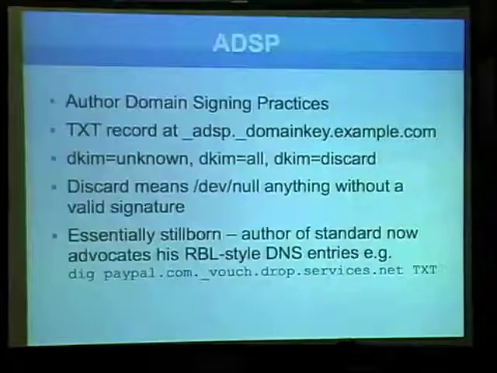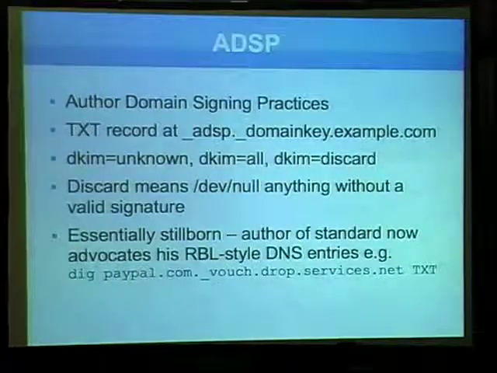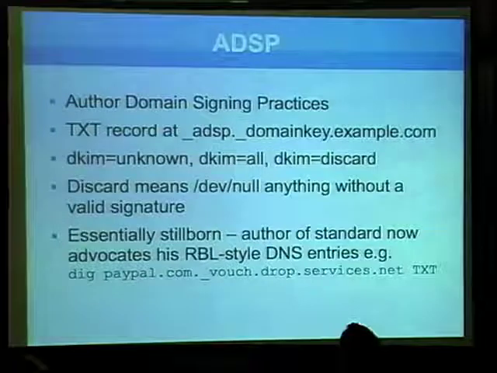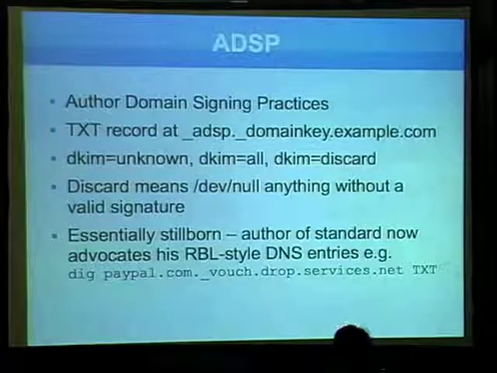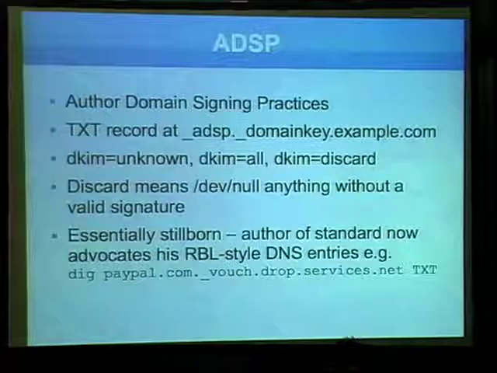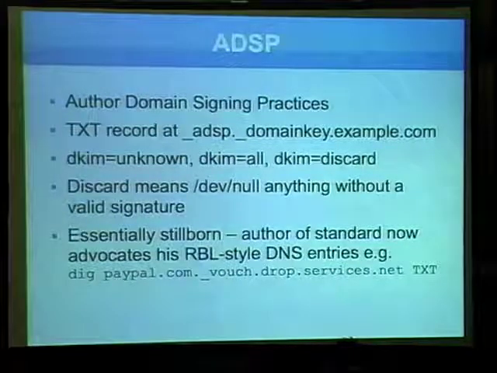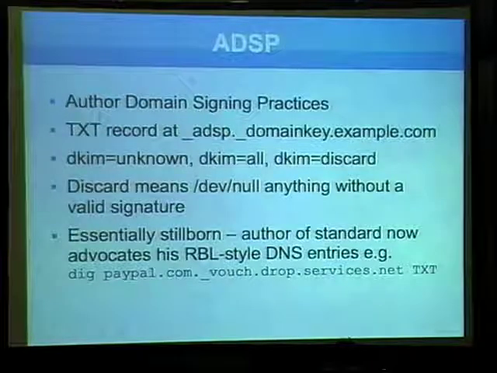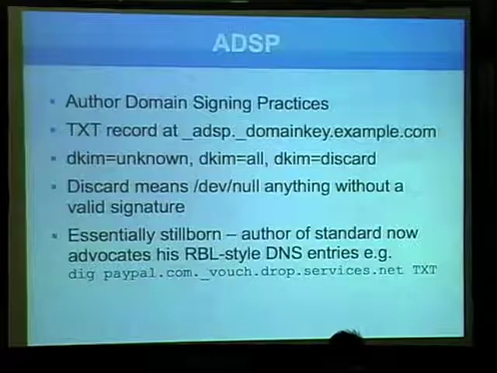For example, I found that Yahoo has an ADSP discard record set, which means you should throw away all of their email that's unsigned. They also use test keys in production. So all of their mail is sent out with a key that says you should not treat this differently from unsigned mail, and their signing practices policy says that they want everybody to throw all of that email on the floor.